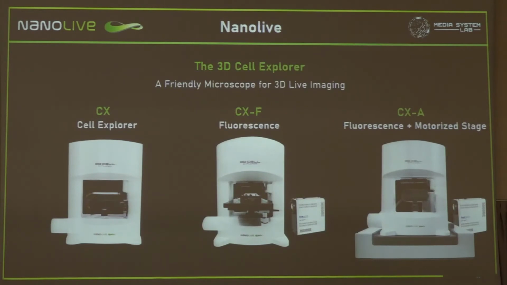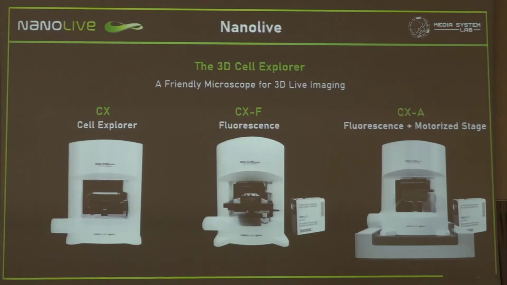Okay, concluding with NanoLive, here I'm showing you the three configurations of this microscope. What I just presented was the CX, so the basic one, the technology. But in the last year, it has been upgraded with two great advantages. The first step was the integration of a fluorescence module. So with CXF, you can actually perform holotomography together with fluorescence.